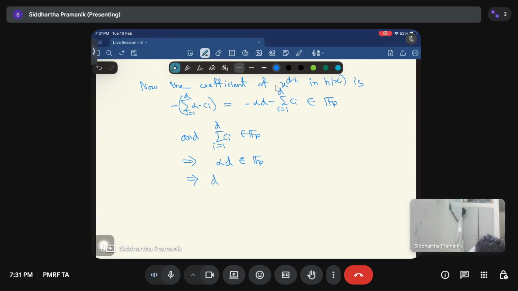So we will get d modulo p is 0. So that means p divides d.